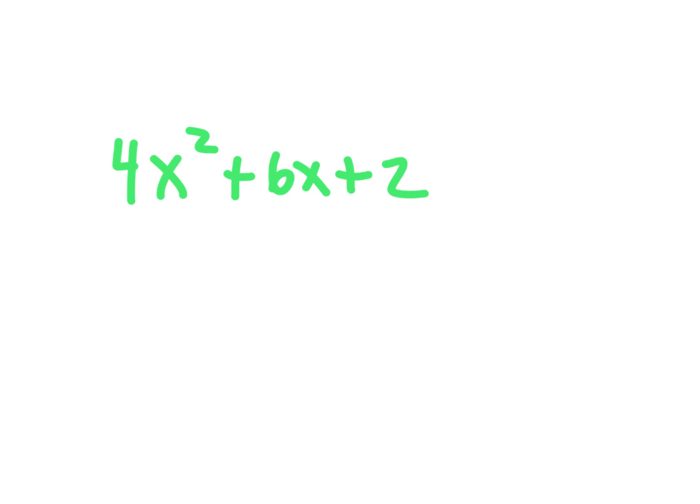There's two kinds of kids. The kids who realized that there was a 2 in everything, and the kids who didn't notice that. If you notice that, you're probably going to win. The 2 comes out, and then it's not that bad.